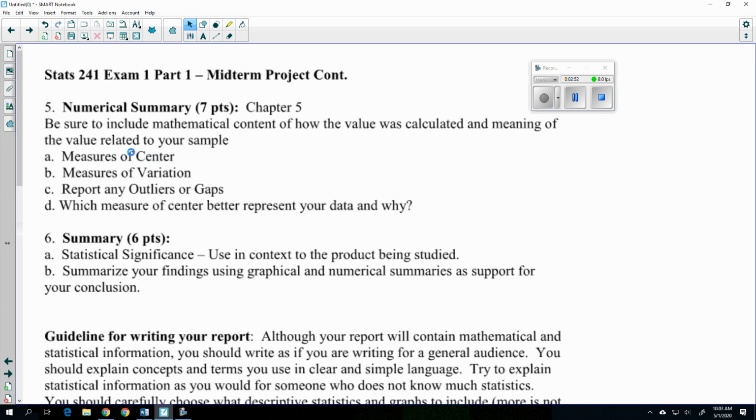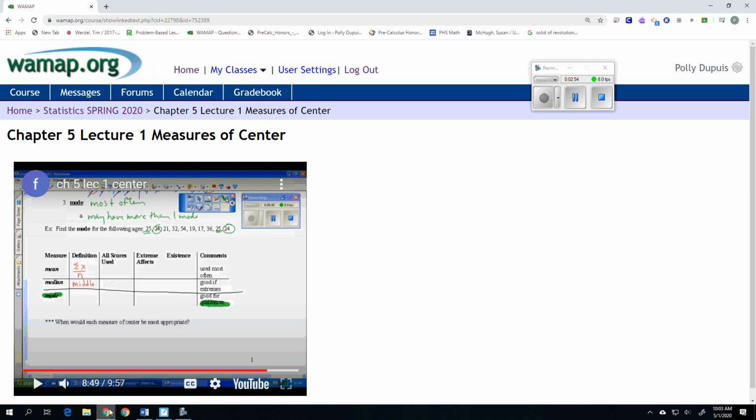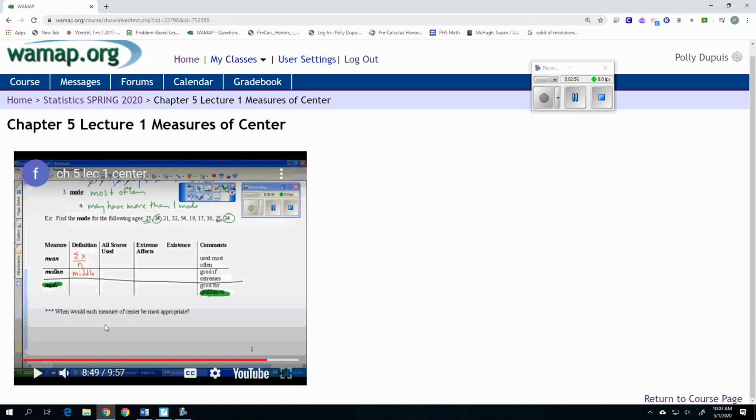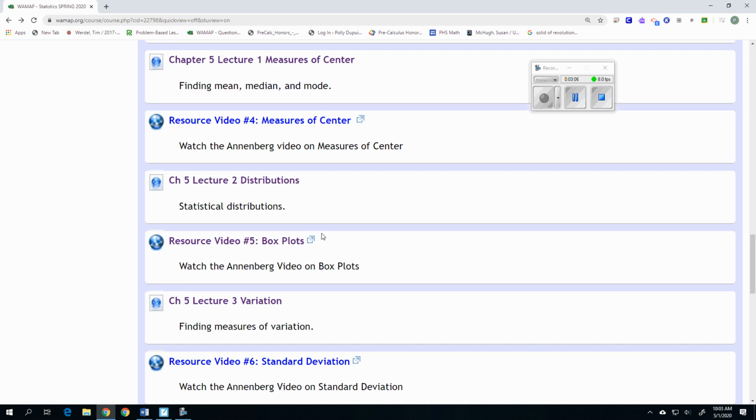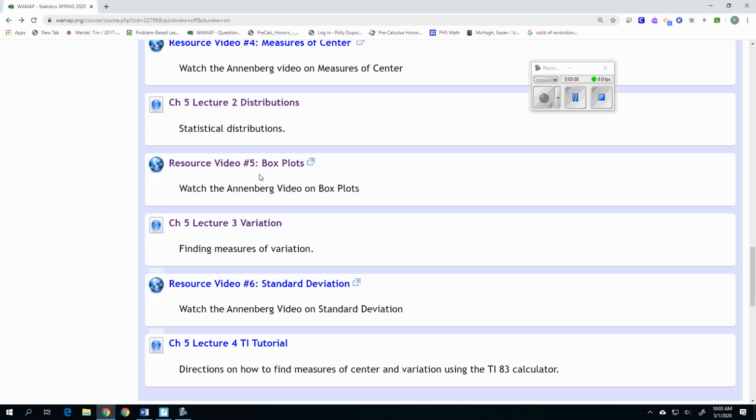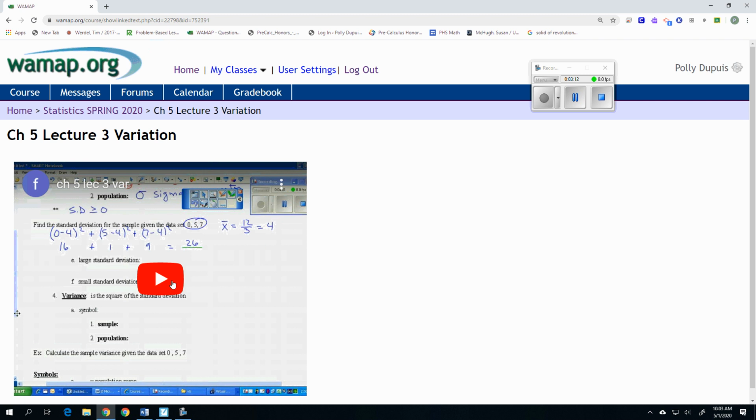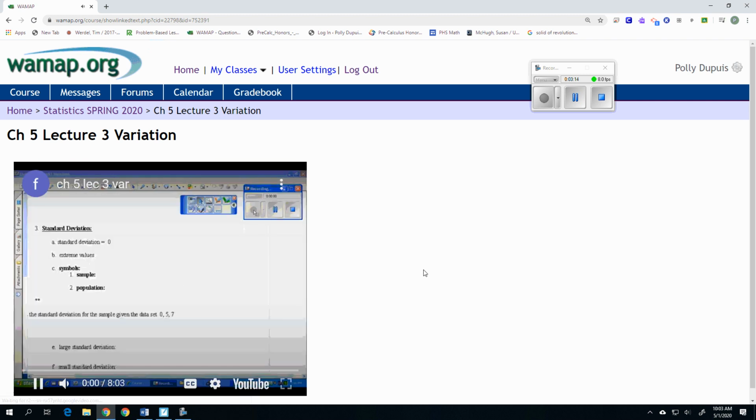Measures of variation. So once again, I would not include measures that we have not talked about. So if I go back and look at chapter 5 and look at measures of variation, if you're not sure about distribution, there's a lecture, measures of variation. And if you listen to the lecture at the very beginning, it talks about this measures of variation called standard deviation.